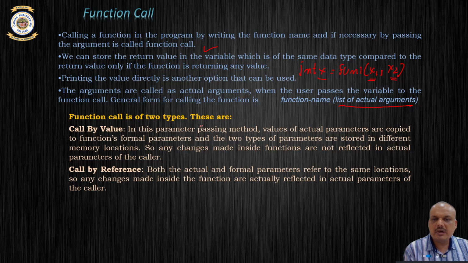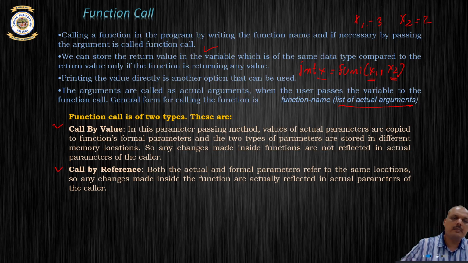Basically, a function can be called in two ways. One is called by value, the other is called by reference. What is given here is call by value. If there is a local variable, say x1, which is equal to 3, and x2 which is equal to 2, and you want to pass this 3 and 2 into the function, you just mention it as function1 x1 comma x2.